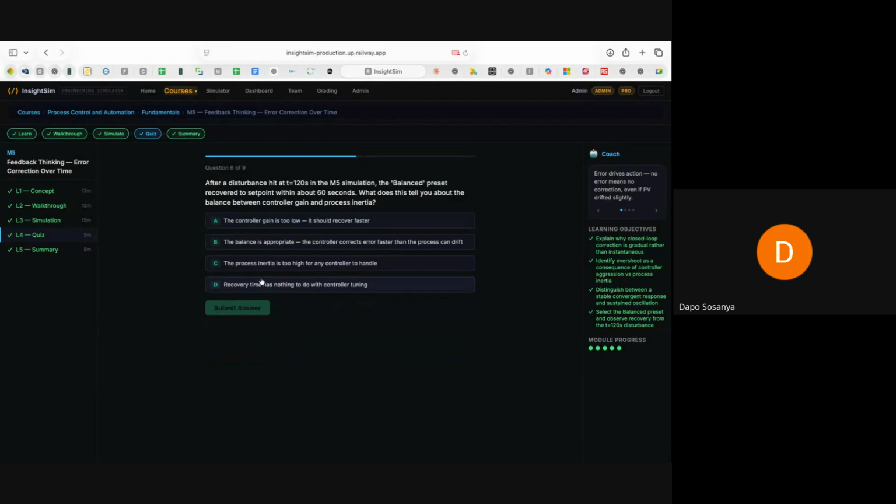Right. After a disturbance hit at T equals 120 seconds, the balanced preset recovered to set point within 60 seconds. What does this tell you about the balance between controller gain and process inertia? A, B, C, or D?